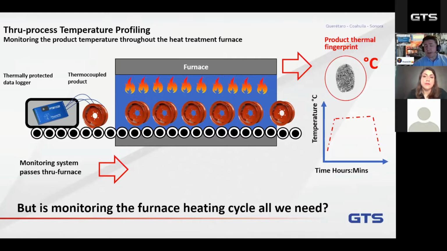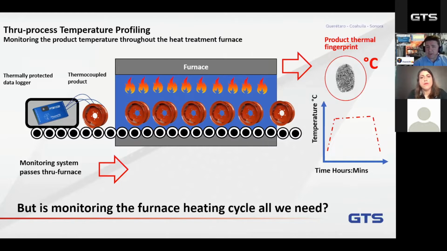If you've got a number of channels, you can place those thermocouples at different positions on the product, maybe of different thermal mass, or different parts of products in different locations in the furnace. So you can get a full picture of what the furnace heat process is actually providing.